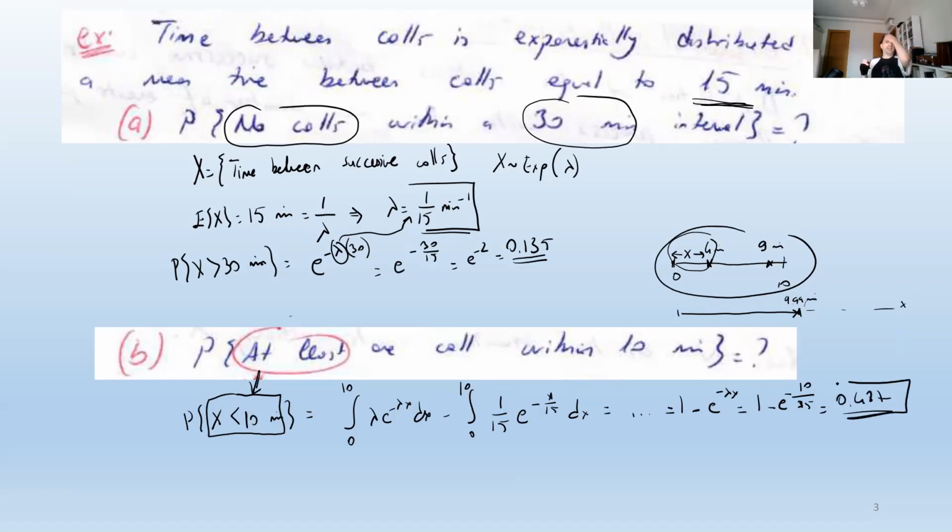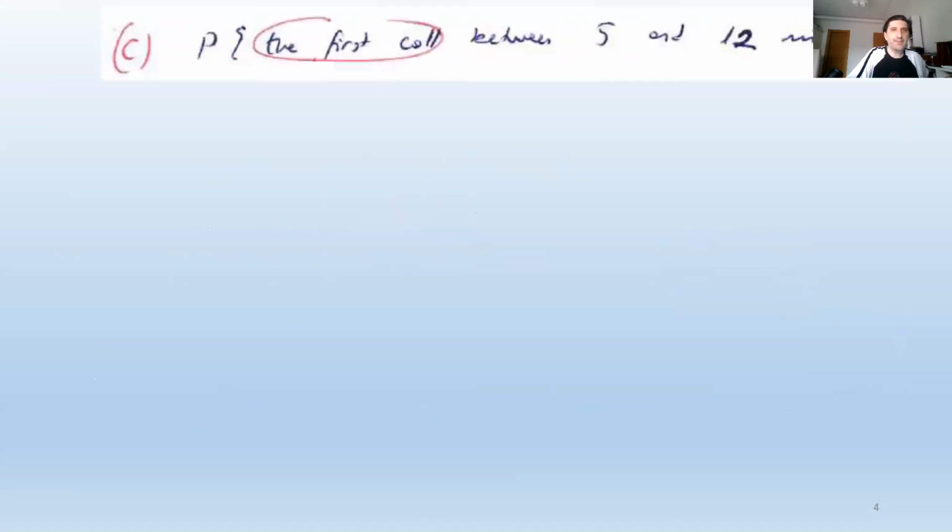So there's something like a 50% probability. And it makes pretty much sense because we have a 15-minute expected value between two calls. So for at least one call within 10 minutes, it's pretty much acceptable that this is the value that we obtain.